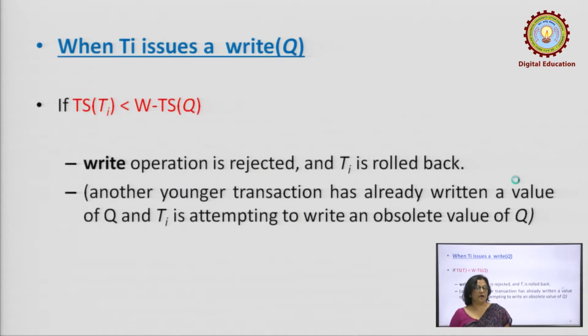Here the timestamp of Ti is less than the write timestamp of Q. That means an older transaction is now trying to write the value of Q which has already been written by a newer transaction. Hence, again the write operation is rejected and the transaction is rolled back.